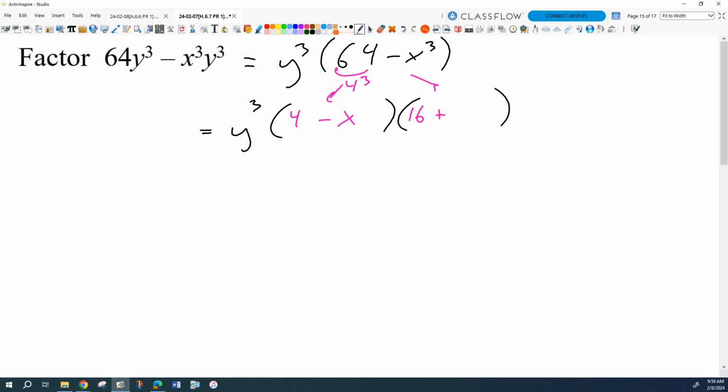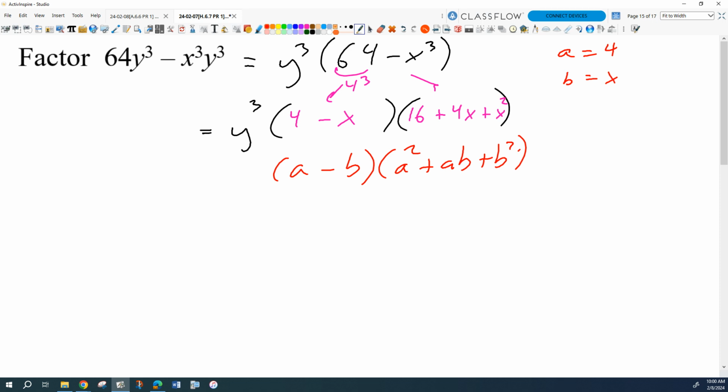This is the difference of cubes pattern, right? Let's write the pattern down, because we're just following the pattern. a minus b times a squared plus ab plus b squared, where a is 4 and b is x. Okay, make sense? So that's our answer.